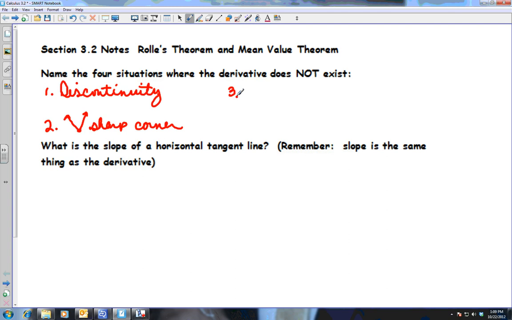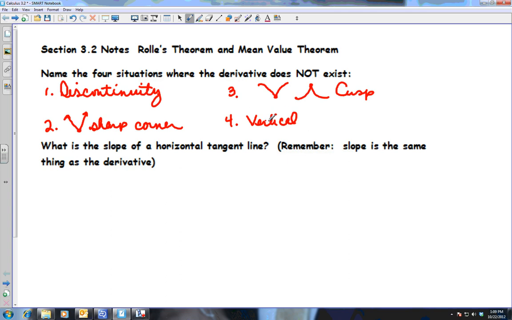Another place would be what we call a cusp. An example of a cusp would be, kind of looks like a V, okay, or it might look like this. That would be an example of a cusp right there. Okay, so cusp. And then a vertical tangent.